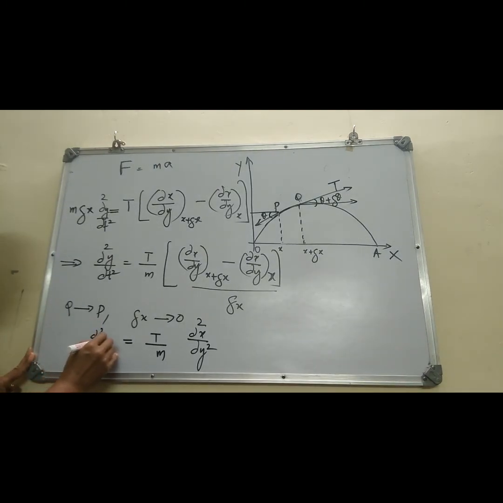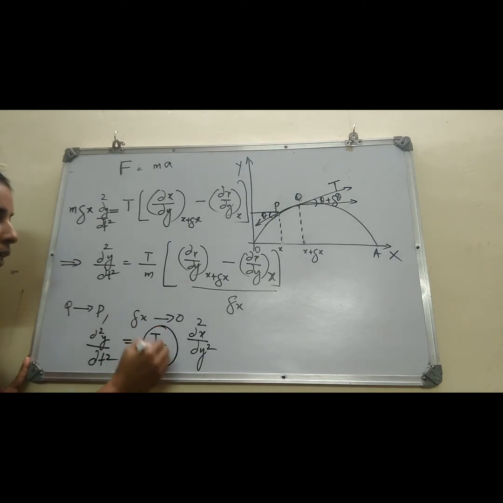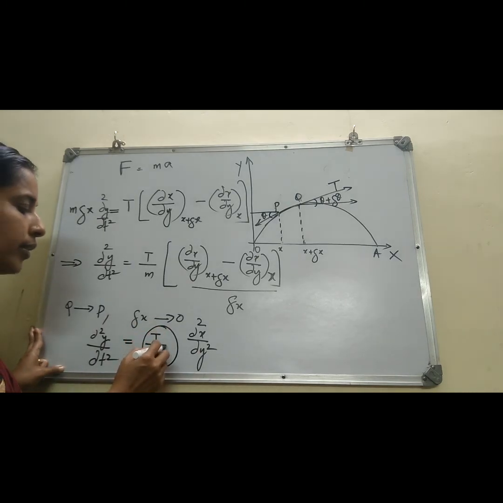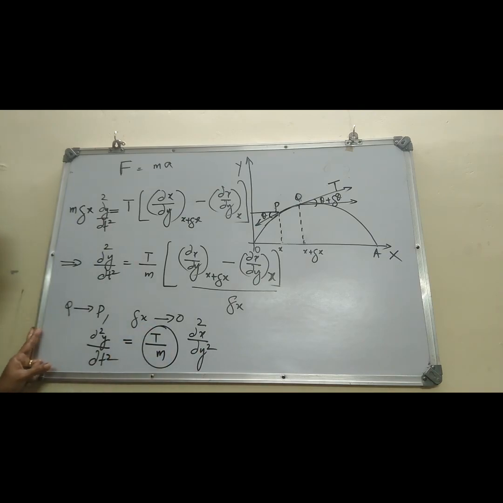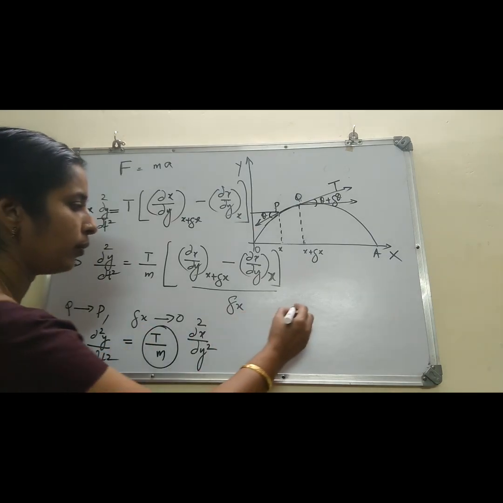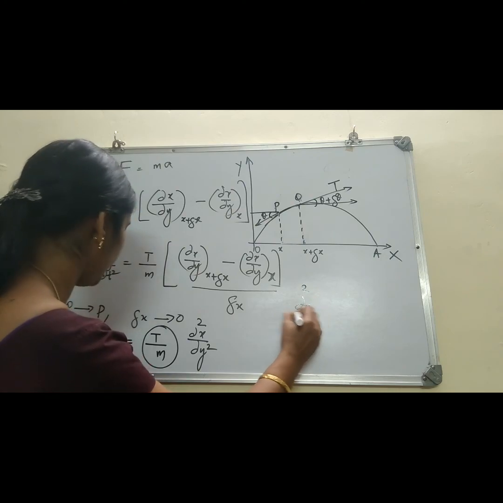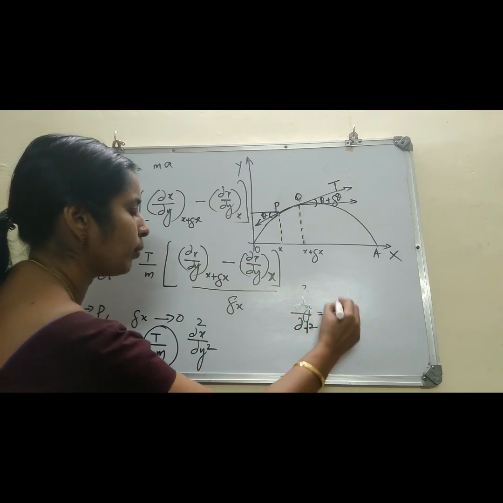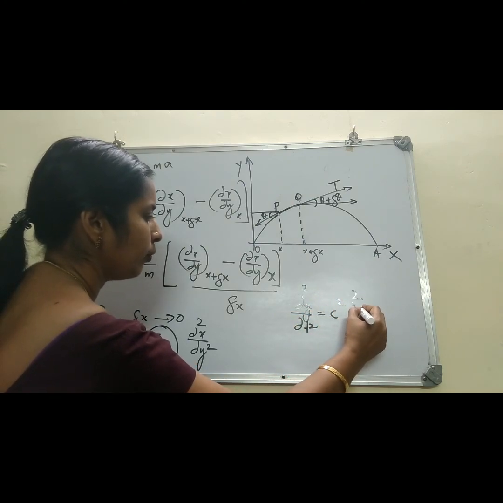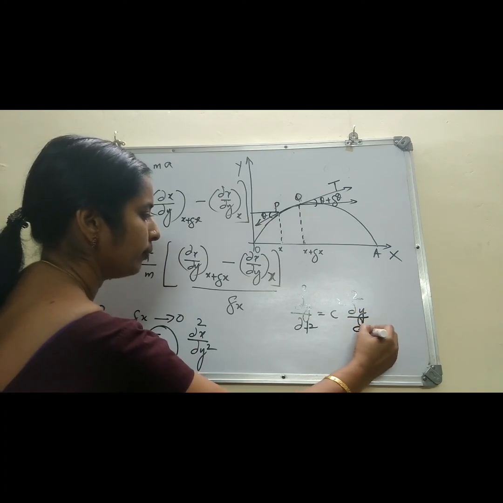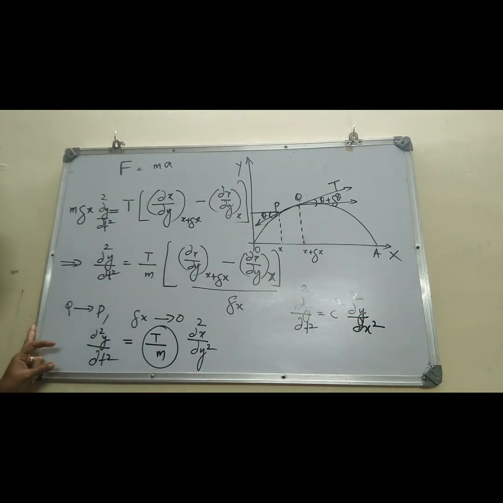That is, ∂²y/∂t² is equal to T by m ∂²y/∂x². T is the tension, m is the mass per unit length of the string, so both are positive constants. So this is a positive constant, let it be c². So we have ∂²y/∂t² = c² ∂²y/∂x².